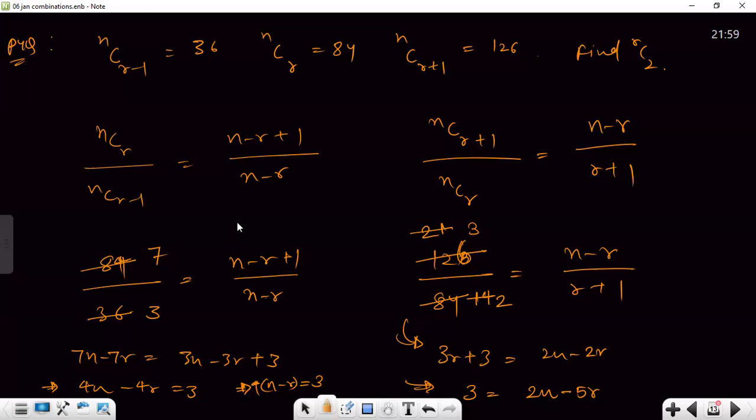Okay, so we have made a mistake here in writing the formula. R should be there, like r plus 1 is there. So here it should be r instead of n minus r. Yes, that's the mistake.